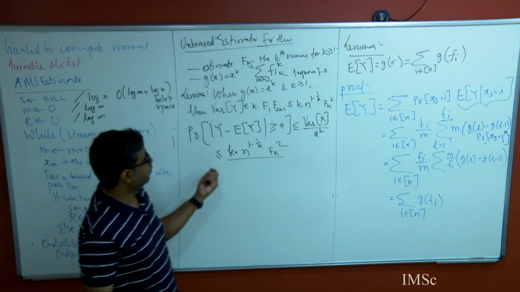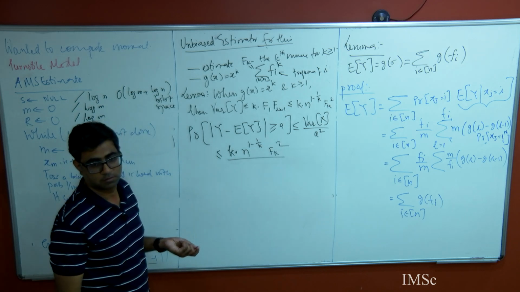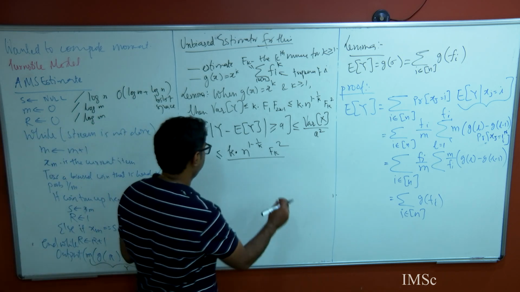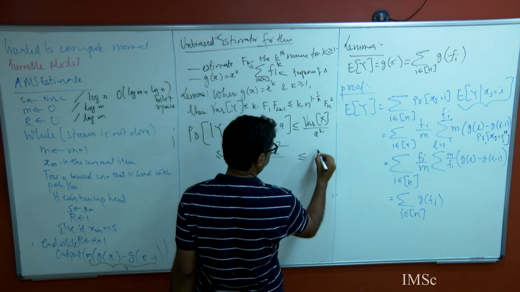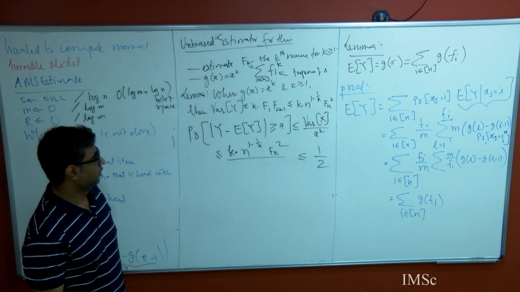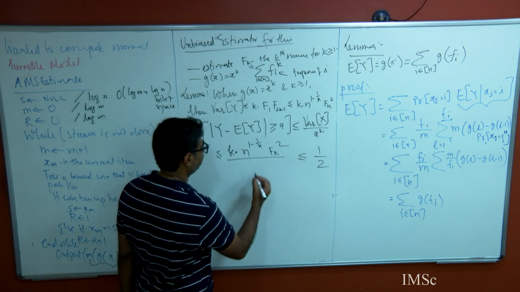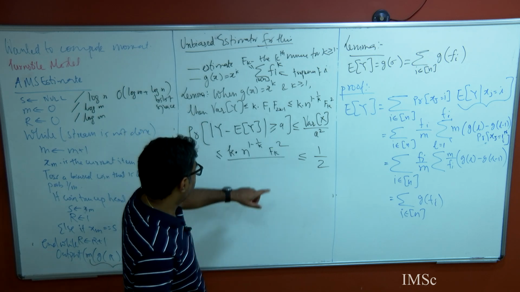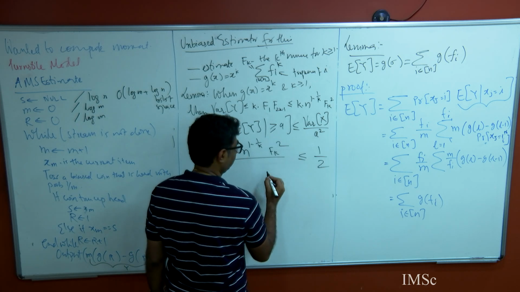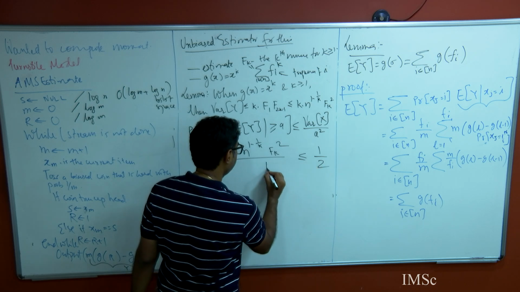I do not want this to deviate too much from its expectation, right. So do you really think I can write, if I want this to be less than or equal to some half, what should a square be? So look, a is for sure, what is a square is like fk square, right.